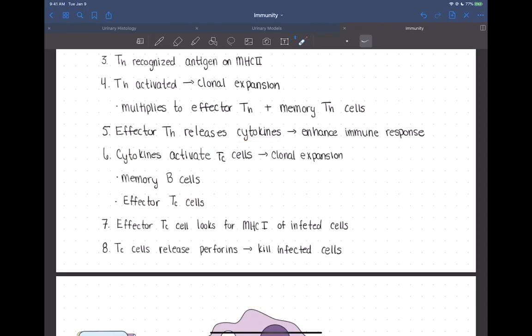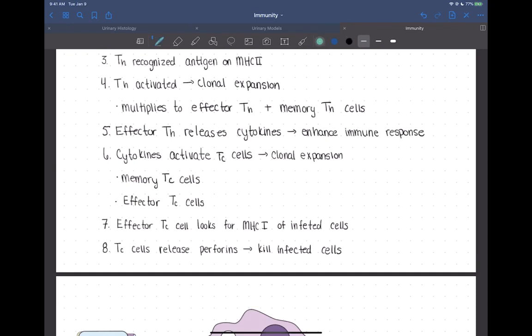Those cytokines, in this case, are going to activate T cytotoxic cells. Those T cytotoxic cells are going to undergo clonal expansion, and they are going to form memory T cytotoxic cells and effector T cytotoxic cells.